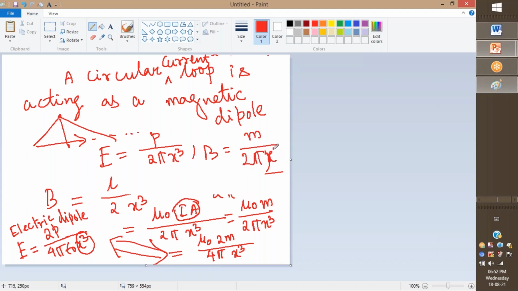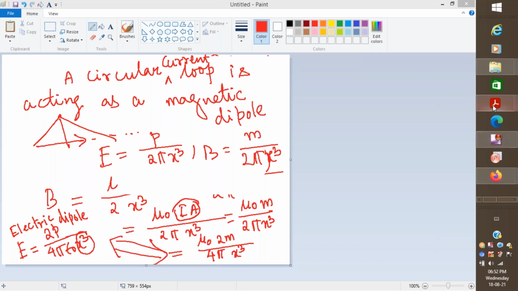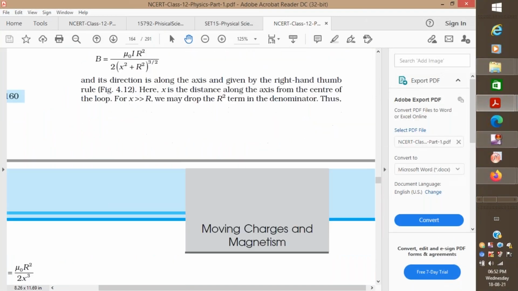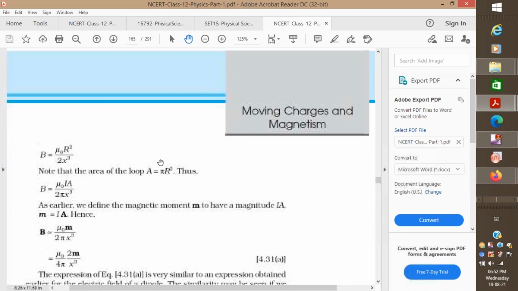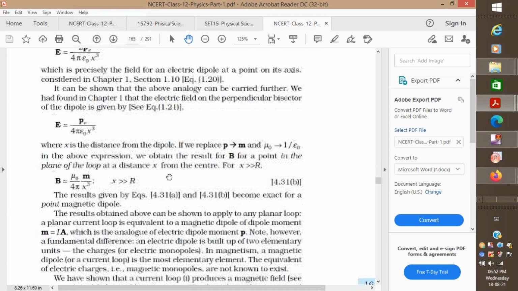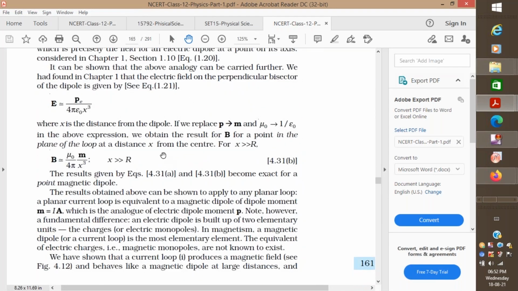You can look from your book that from the analogy we can write that a current carrying circular loop is acting as a magnetic dipole.